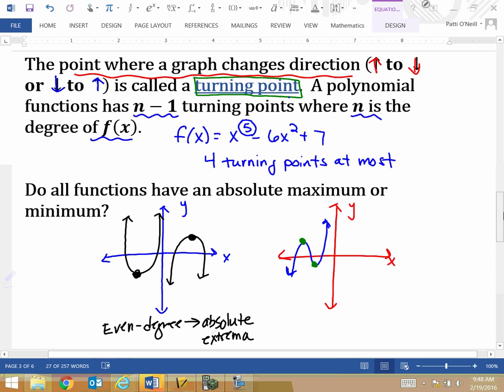because this relative max leads you to this y value, but you notice that there are other range values that are higher on that graph. And the same is occurring for this relative min. There are still range values that are smaller than that. So an odd degree function has no absolute extrema.